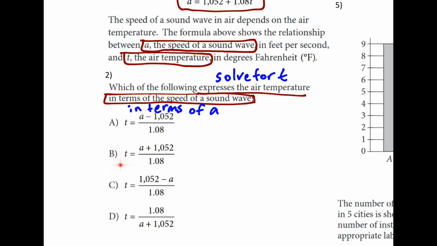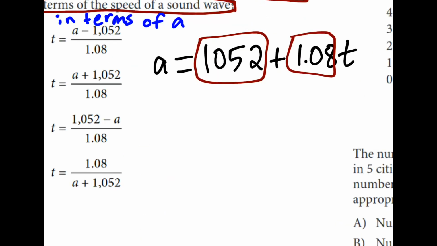Notice that all of these answer choices have t equals something involving the variable a. So if my goal is to solve for t, and t is here on the right side of the equal sign, that means everything else on that side I have to move over or cancel or somehow get rid of so that t is all by itself. If you think back to two-step equations and which one I would cancel out first, I would first subtract 1052 from both sides, canceling things out here on the right.